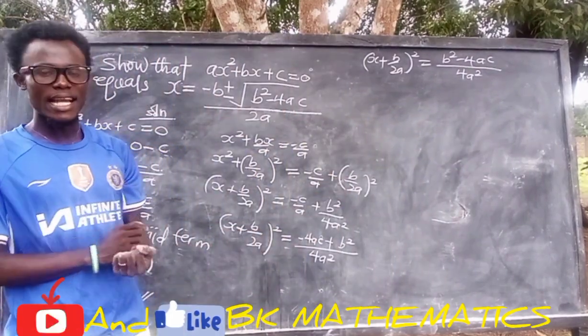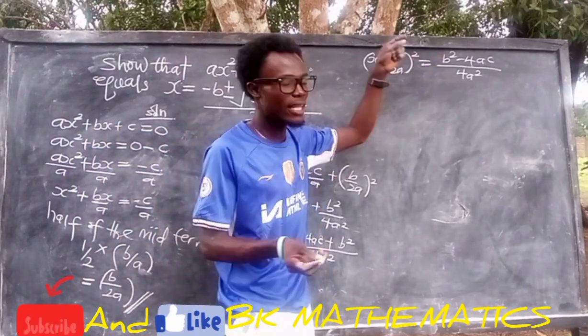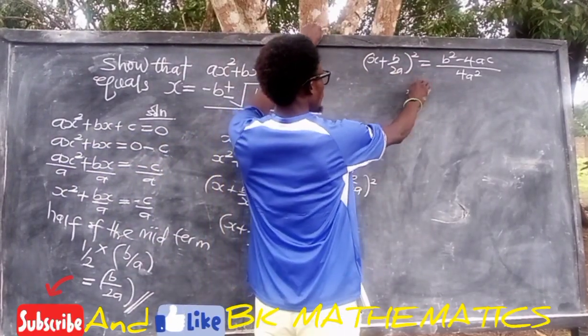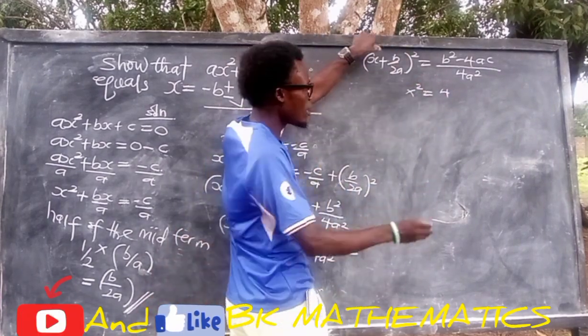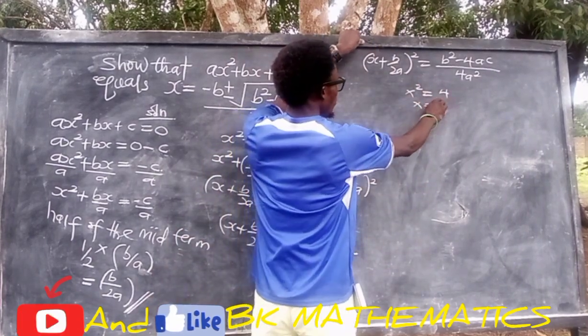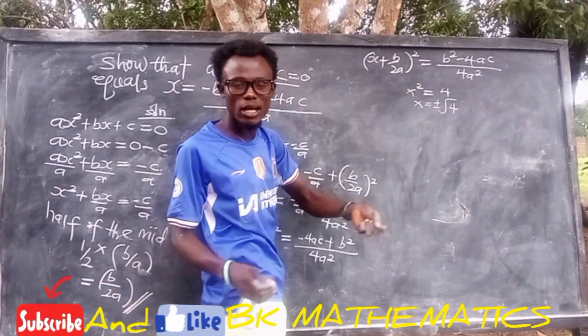Now the next step. If this square is moving, just like if you're having x squared is equal to 4, if this square is moving, x becomes plus or minus the square root of 4. The same thing applies to this. That's how we are going to do it.